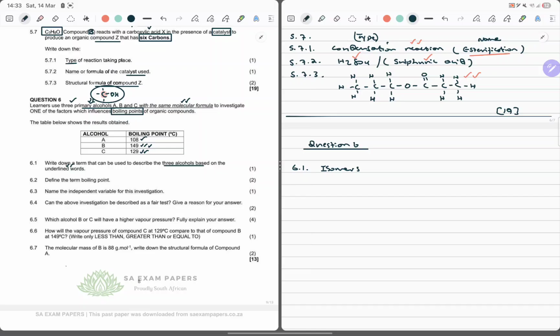Remember, if they are primary alcohols, that means the problem is with the longest chain. So you can say these are chain isomers, because the functional group is not changing position. Otherwise, we would call them positional isomers, which is not the case here.